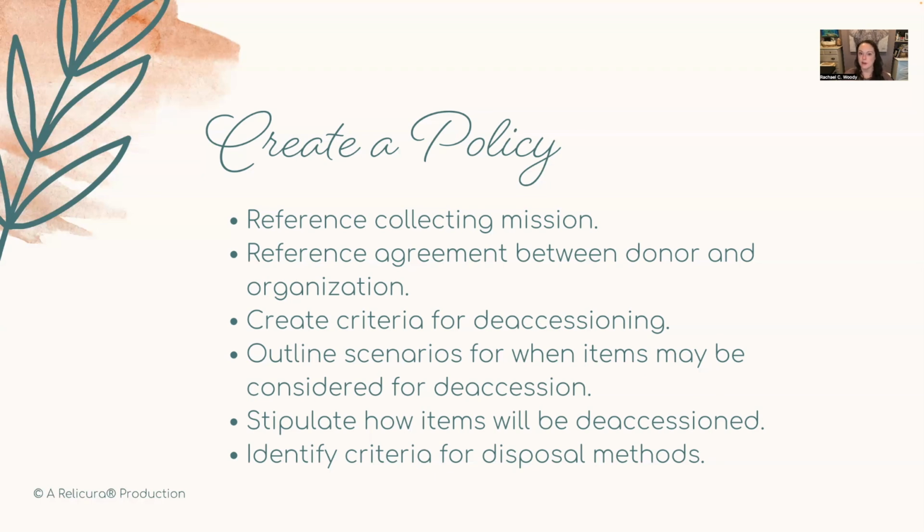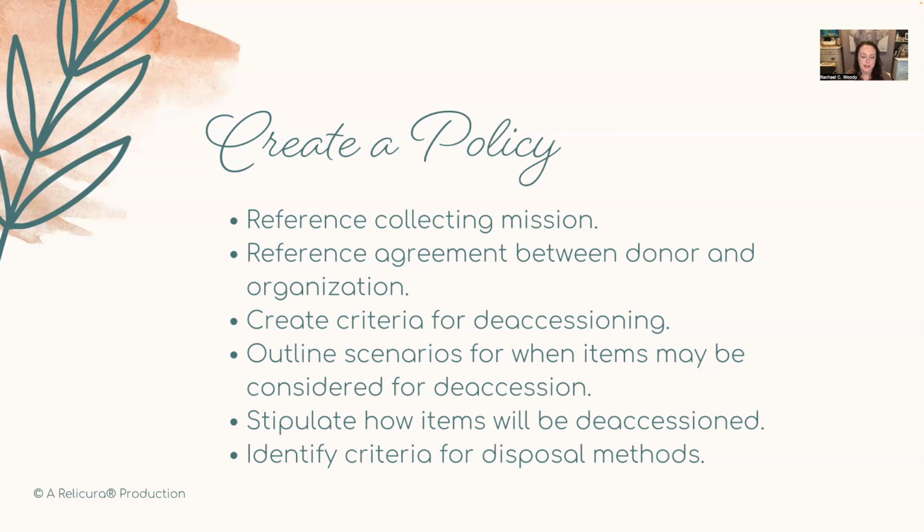It's perhaps more of an annual or every other year, or pick a thing that makes sense for you in terms of the amount of stuff that comes in, how much space restriction you have, stuff like that. In addition, there may be other scenarios, like if we move storage facilities or if we have an abrupt decrease in staff. Things like that would trigger a major, we have to look at everything now to possibly deaccession.